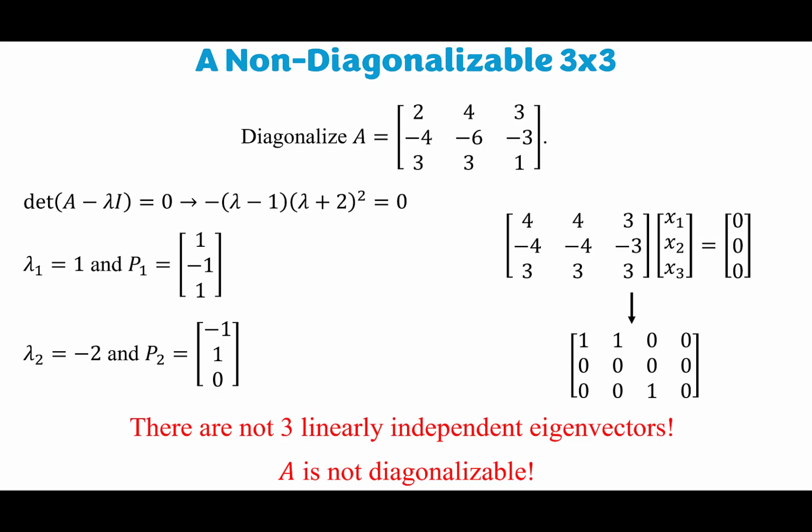So if for lambda of negative 2 we had 2 linearly independent vectors, then we would have had overall 3 independent vectors to form a matrix P. So just because you only had 2 eigenvalues doesn't necessarily mean it's not diagonalizable. You really have to always check the eigenvectors. Are you able to produce n independent eigenvectors for an n by n matrix A, or are you not able to? If you're not able to, then you're not able to diagonalize your matrix A.